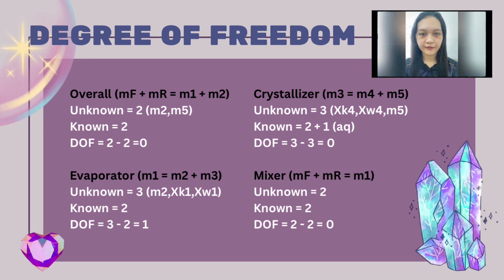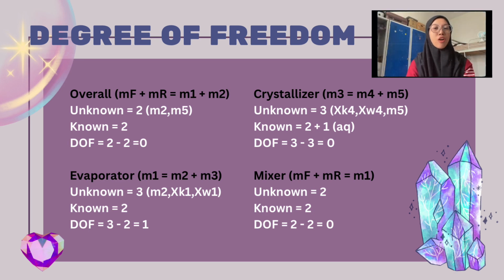The number of independent balance represents the independent mass and energy balance equations that can be applied to the system. For the number of other equations, it includes any additional relationship, such as equilibrium equations.